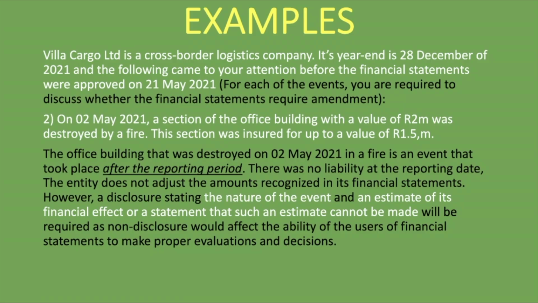Remember, if it's a material amount, you have to mention these two: the nature of the event and an estimate of the financial effect. We actually have the estimate here. We're told that this section was insured for up to 1.5 million, and we know what the value of the office building is that was destroyed. So we have the amounts here, and we need to mention them as well as the nature of the event. I hope it's becoming easy on what you need to do, whether it's an adjusting event or a non-adjusting event.